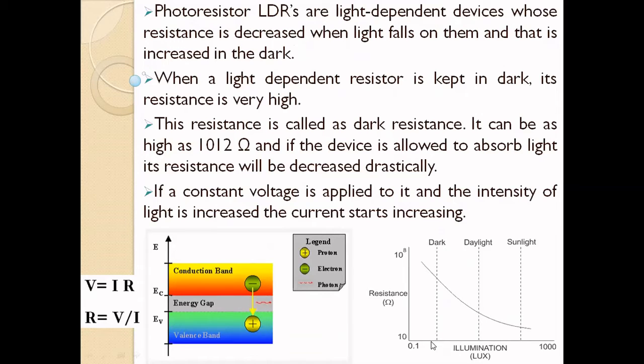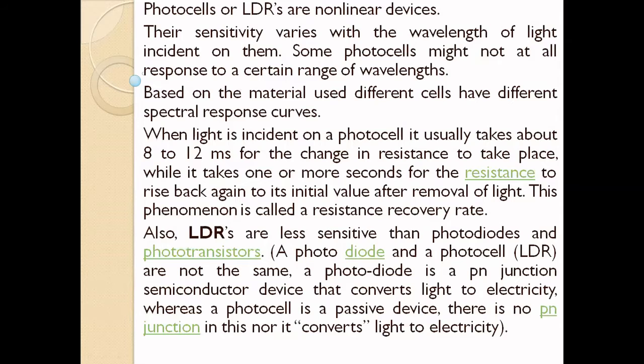Next, if I bring the intensity to 0, it will take some time to change the resistance value. That is called the resistance recovery rate. Now I am giving some light, so the resistance value will change. Now I am removing the light, so the resistance has to change, but it will take some time. That is called the resistance recovery rate.